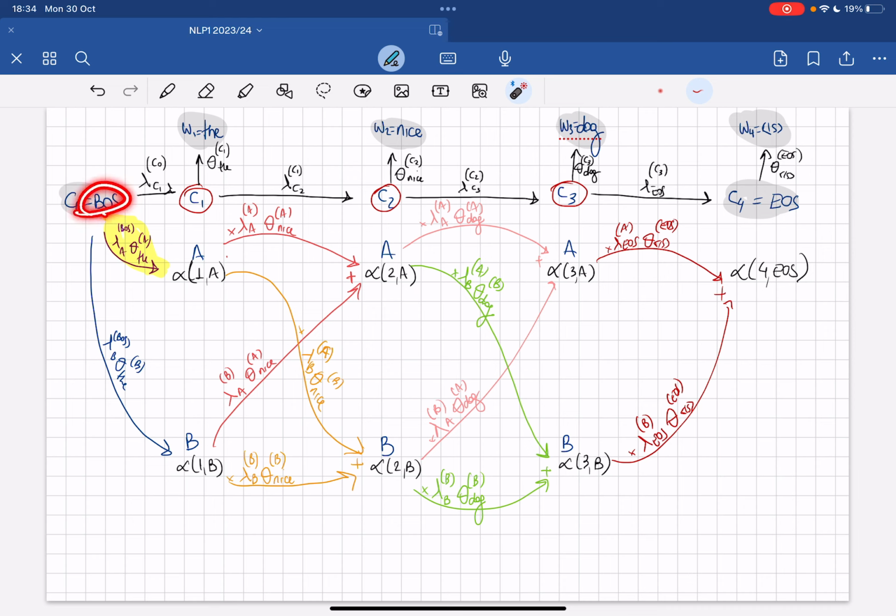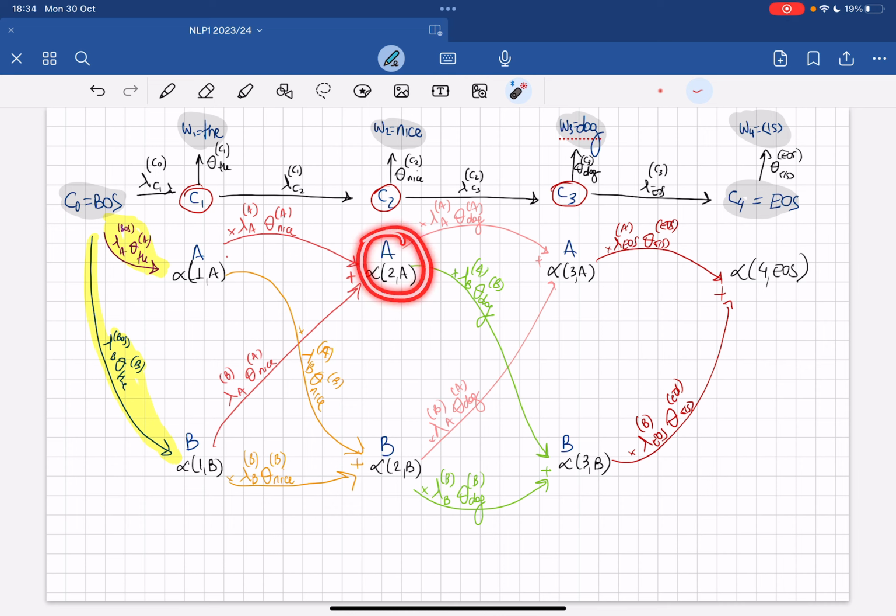So transitioning from BOS to A and then having A generate the first word. So for the first position, it's just like before, nothing changes. For the second option, for the same position, we have a different transition emission pair, transitioning from BOS to B and then emitting the word from B. Things get more interesting as we proceed.